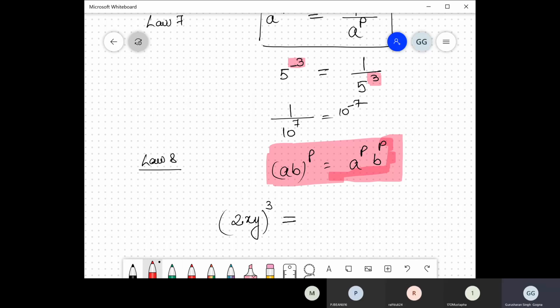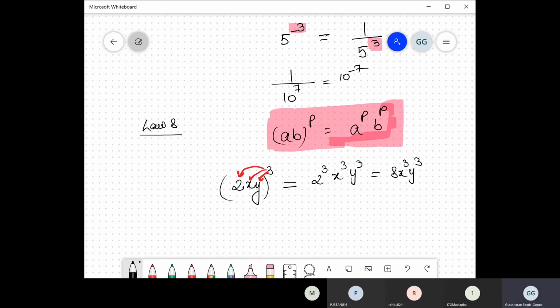It means that because you're using a bracket, this power 3 belongs to 2, belongs to x, belongs to y, to all the terms inside the bracket. As a result, you will get 2 to the power 3, x to the power 3, y to the power 3. Obviously, 2 to the power 3 means 2 by 2 by 2, which is 8. So you can simplify it as 8, and then the rest will stay as it is. Okay, let's take another example.